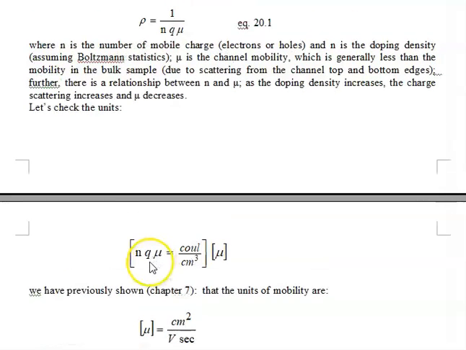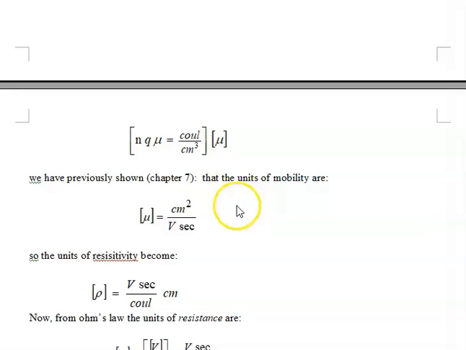Okay, so the units of the denominator are: NQ is coulombs per cubic centimeter, and now we want the units of mobility, and we've shown a number of times previously, specifically in Chapter 7, that the units of mobility are centimeters squared per volt second.